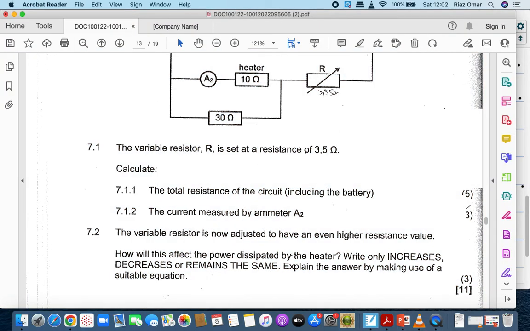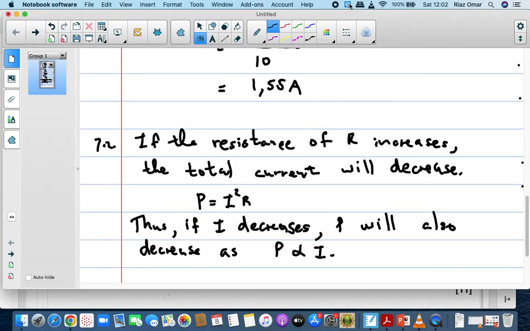That should give you more or less 11 marks. Shukran. We will continue further.